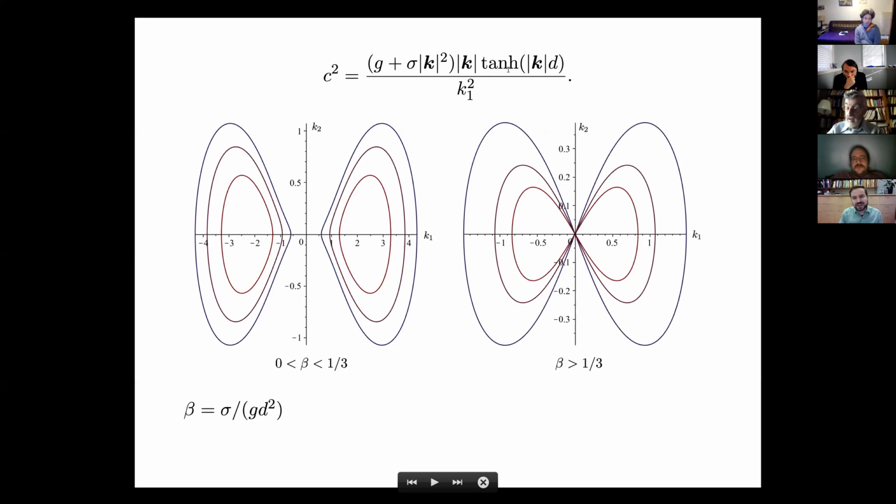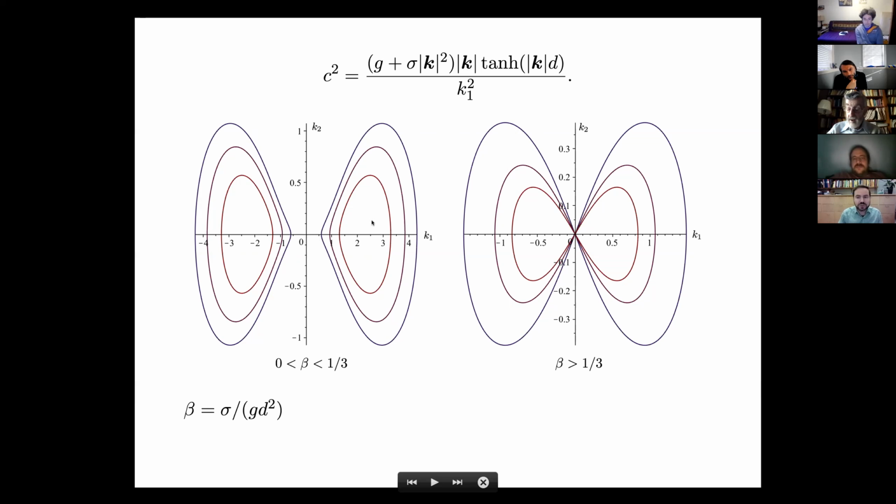In one dimension or in 2 dimensions, it's not a problem, because the hyperbolic tangent also gives you another mod k. So in 2D, these two essentially cancel at the origin, so that the function is regular. But in the 3D problem, you have the singularity.